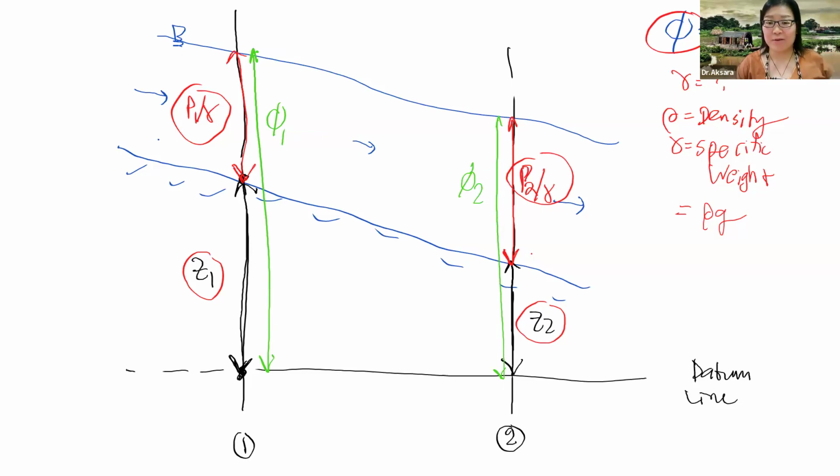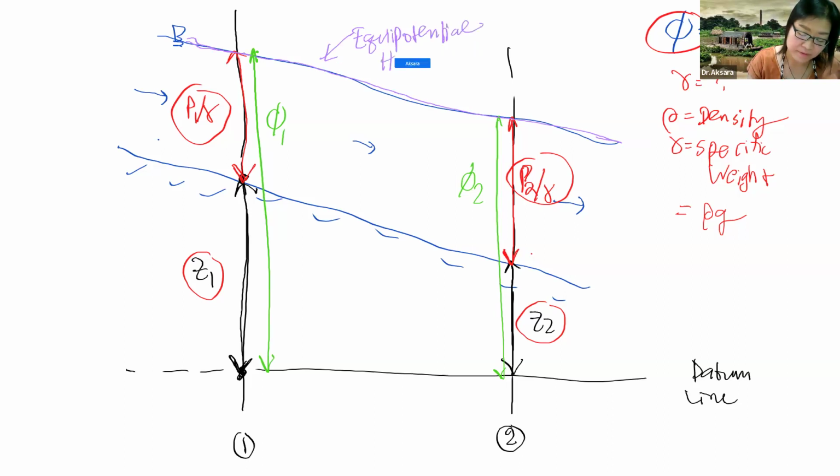Now I'm going to say that the purple line that I'm drawing right now is the equipotential line, the equipotential head for open channel flow, okay?